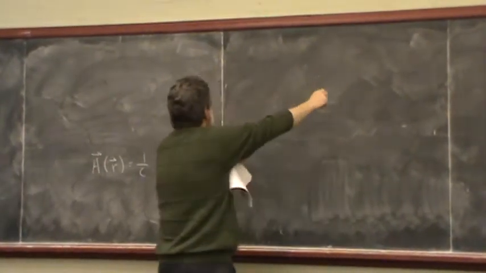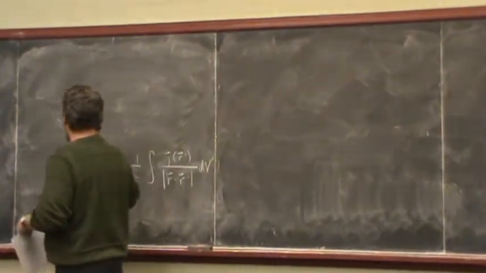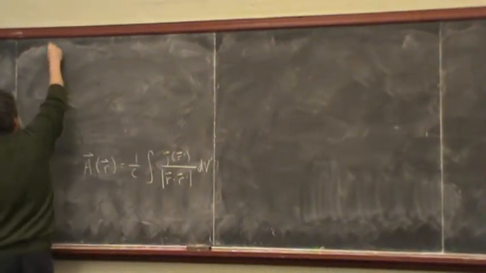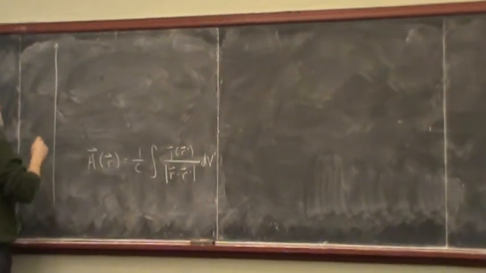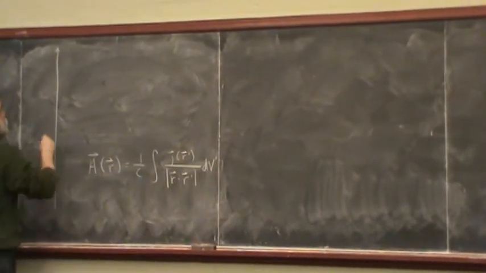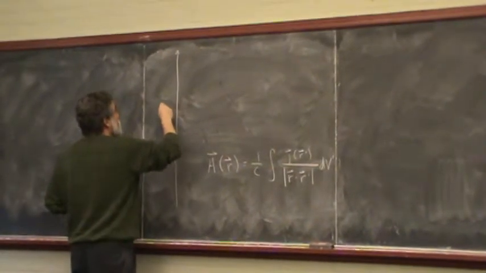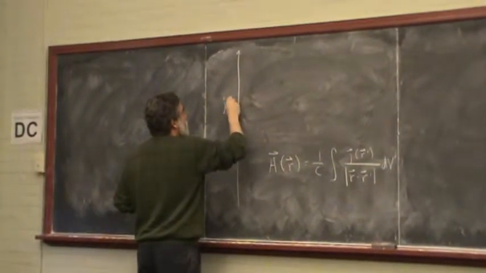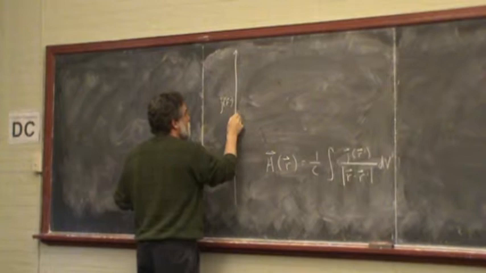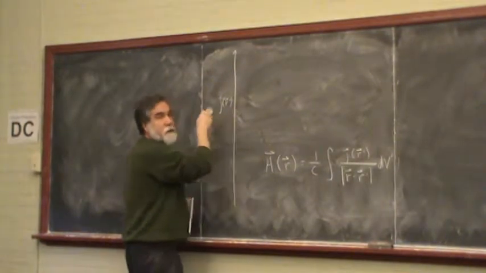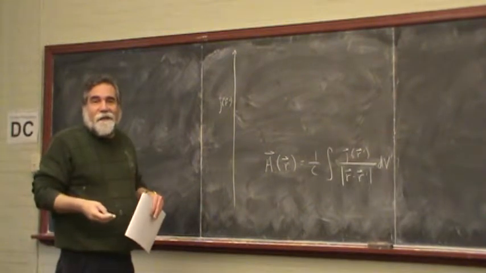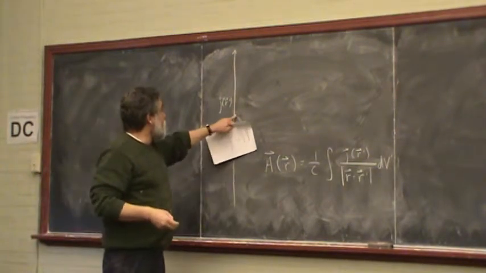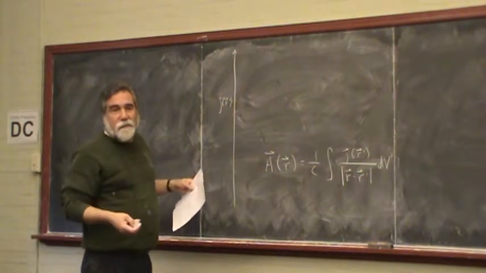The case that I want to try is an infinitely long wire carrying current. Let's say that it carries a current density of J of r prime, because the wire could be considered to be finite, right?